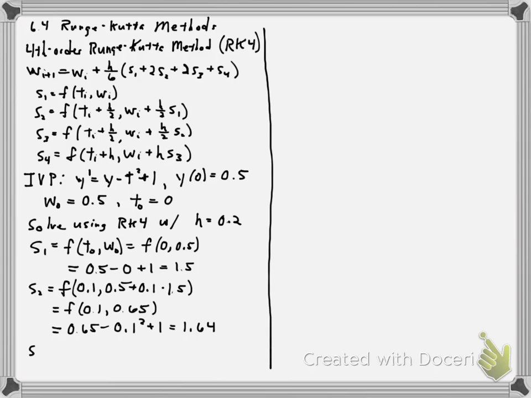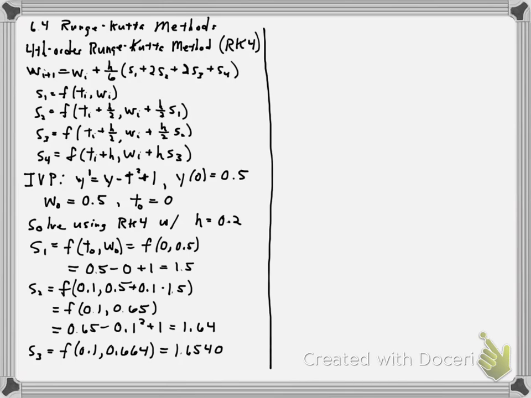And so S3, it turns out, we are evaluating F at 0.1, and if we compute W0 plus H over 2 S2, it turns out to be 0.664. And this evaluation of the function is 1.650. Okay.